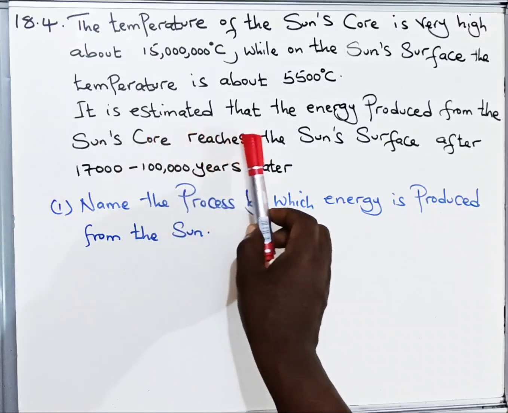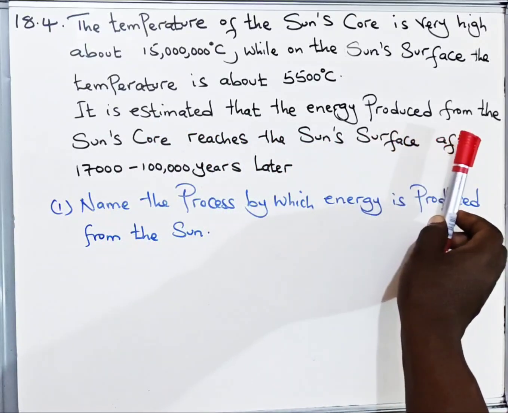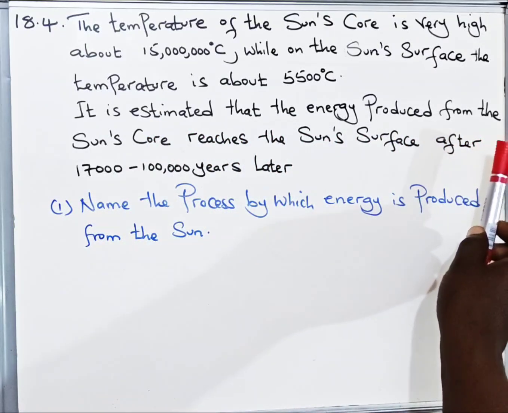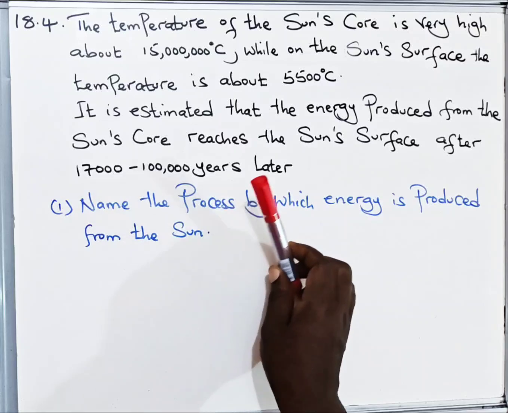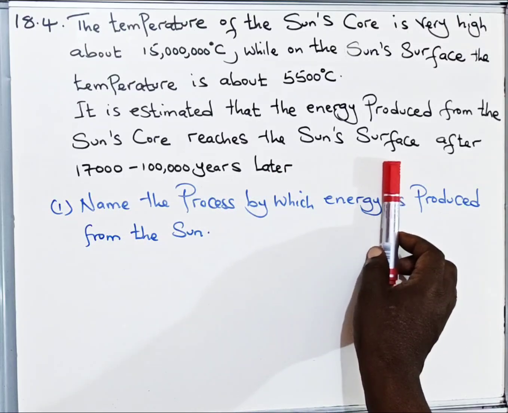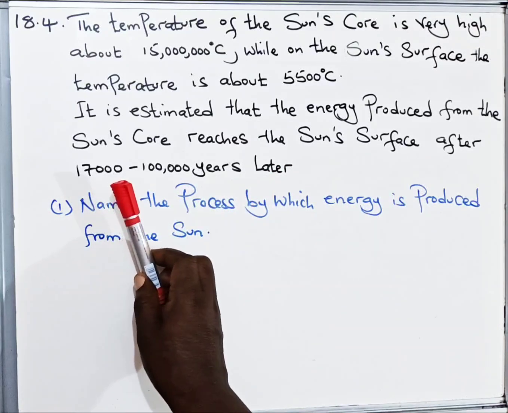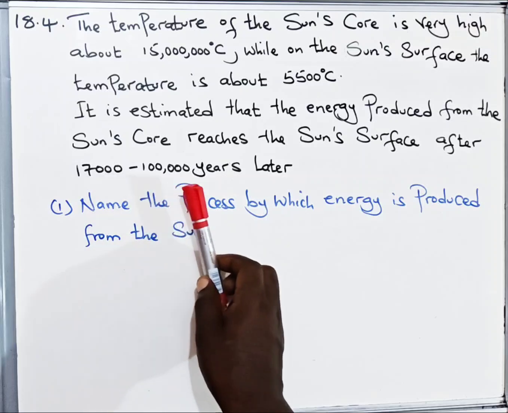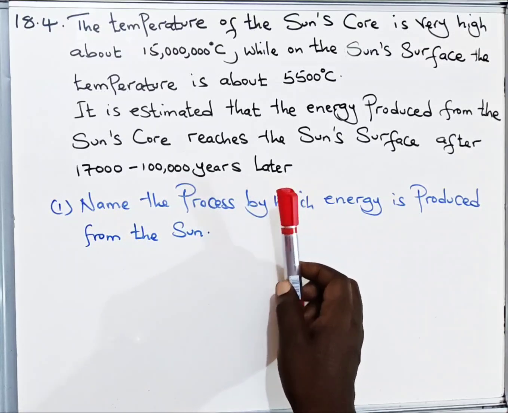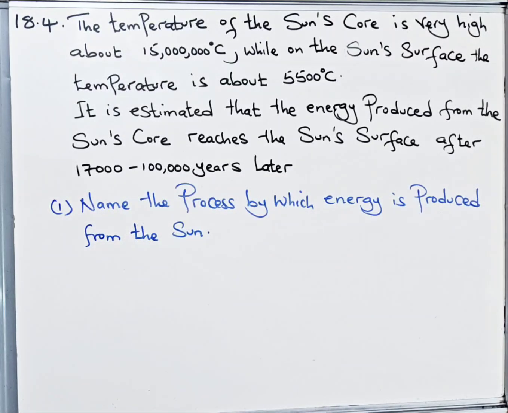It is estimated that the energy produced from the sun's core reaches the sun's surface after 17,000 to 100,000 years later. Yeah, that is what is believed.